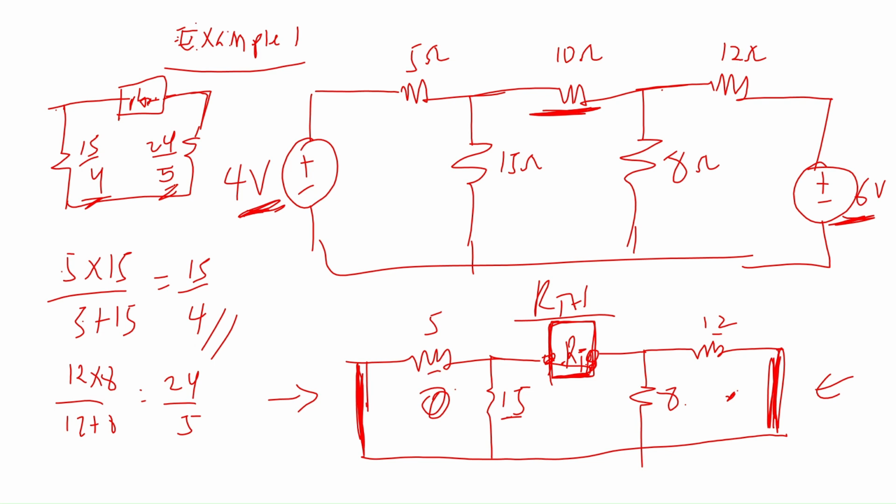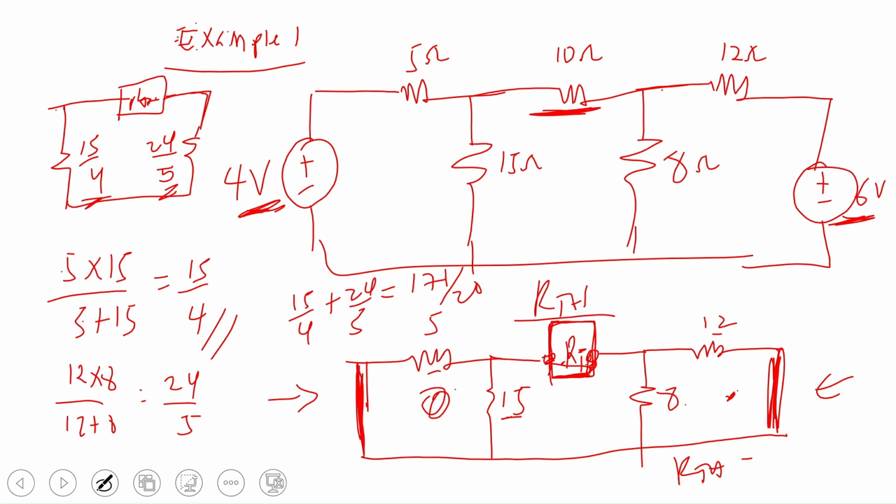So it's going to be 15 on 4 plus 24 on 5, and I'm going to get 171 on 20. So RTH is 171 on 20. Simple, right? We have removed the element, removed all sources, and we are finding total resistance. Watch the video on series and parallel, and you'll be able to easily find this total resistance.